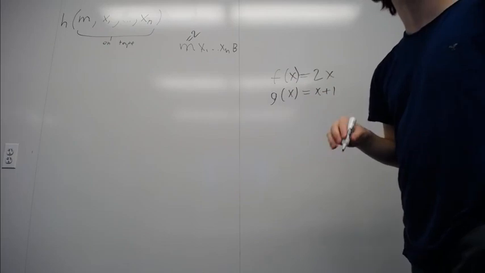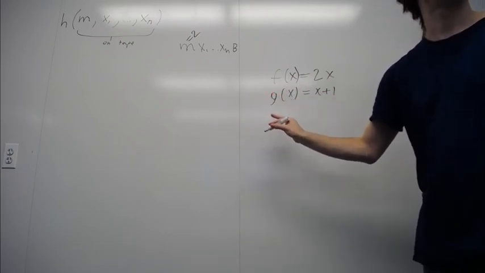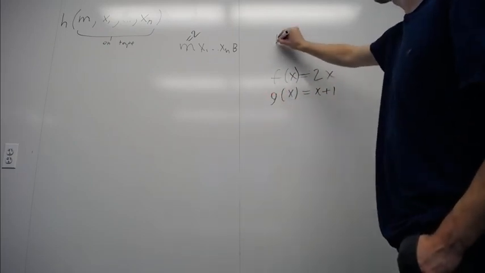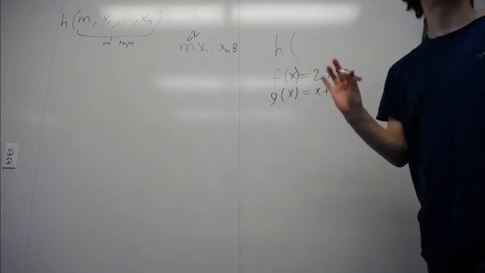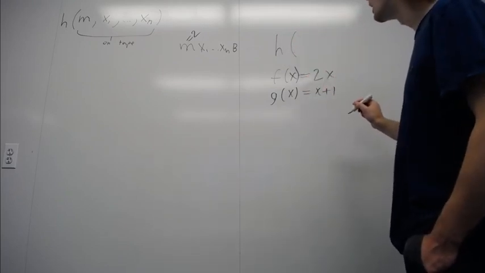And now I'm going to define h based on these. Okay, so let's see what happens with h. This should give us a feel for what primitive recursion is actually doing.